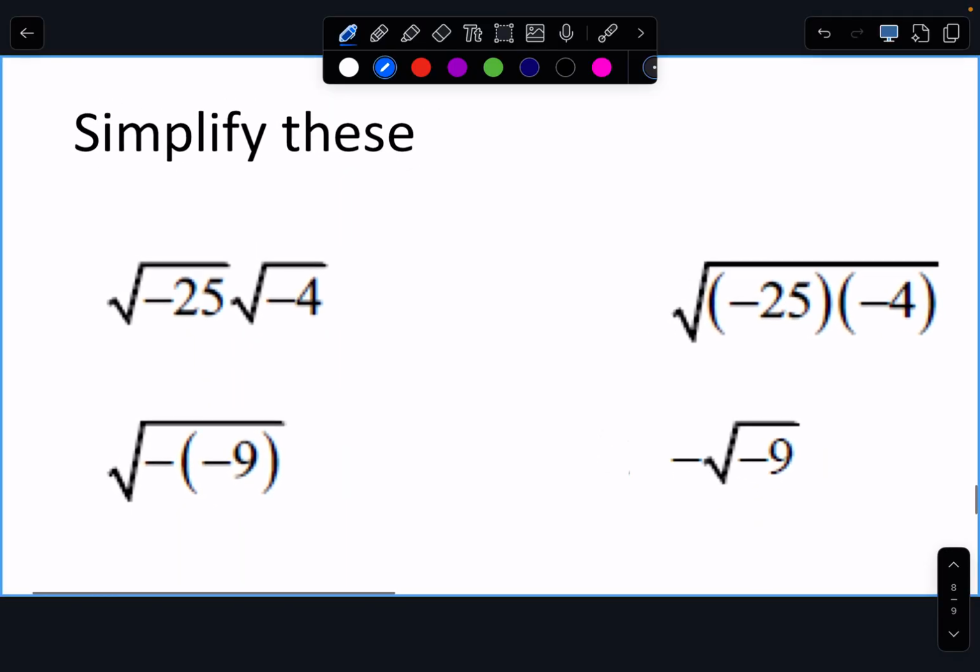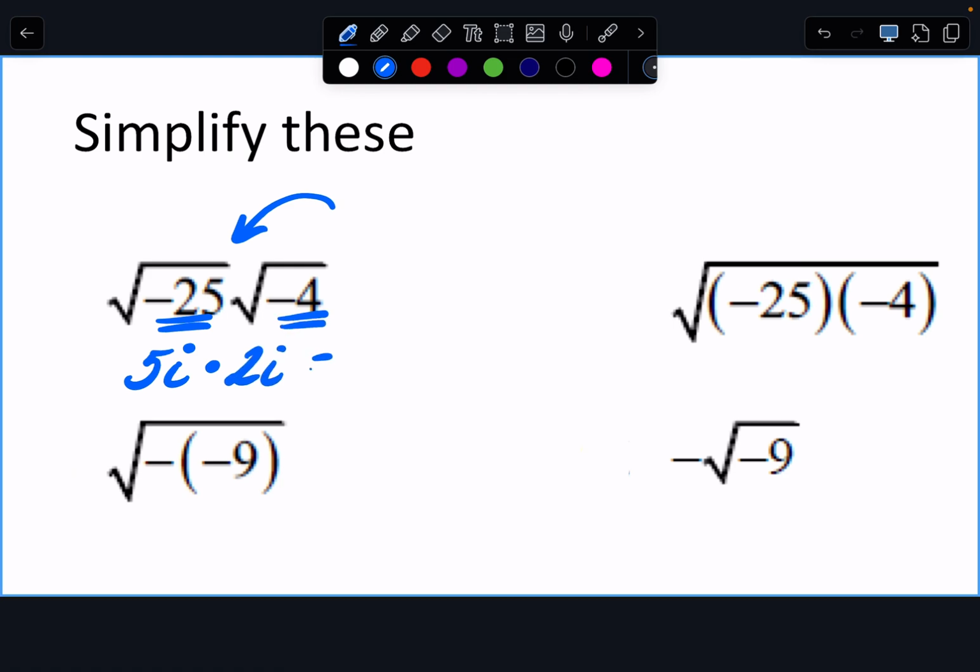Let's do this. Right here, let's simplify this first. What would that be? 5i. Okay, good. And then we're timesing that by 2i, which is 10i squared, isn't it? Which then calculates to be what number? Negative 10. Good.